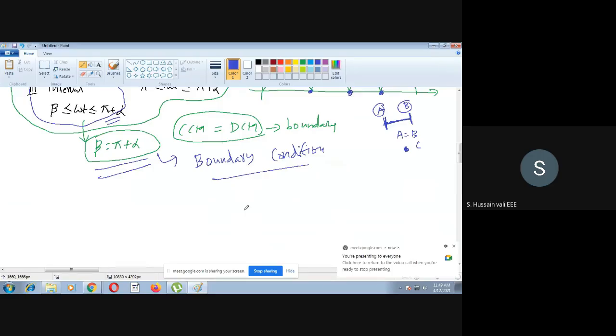Once we have the boundary condition, with the help of it we will go ahead with some more things.